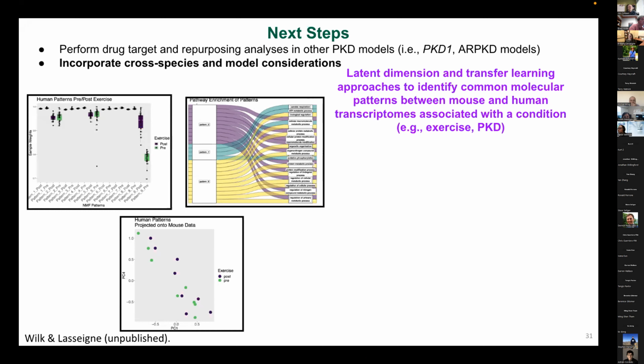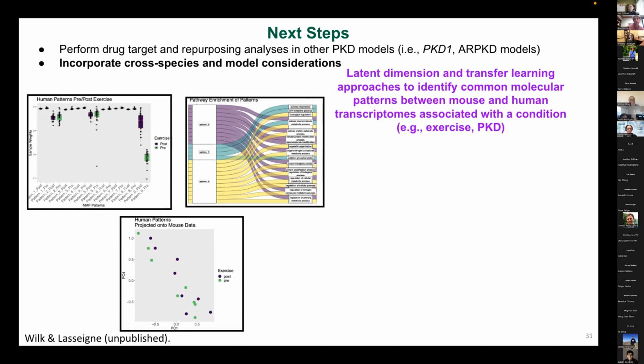And so we can take that particular one of those patterns that we've identified as being associated with pre or post exercise in humans, and we can computationally project it onto a mouse, and we can try and figure out which parts of a mouse profile that are changing are similar to that of a human. So some of these other patterns that don't show exercise change might be due to batch effects from the sequencing.